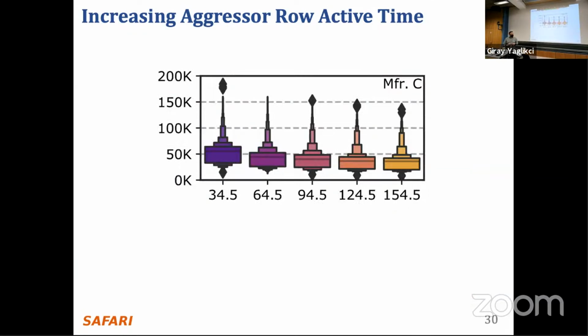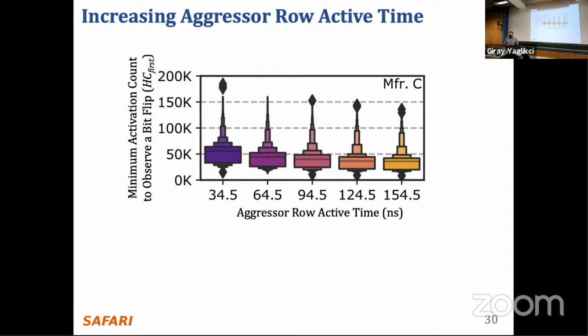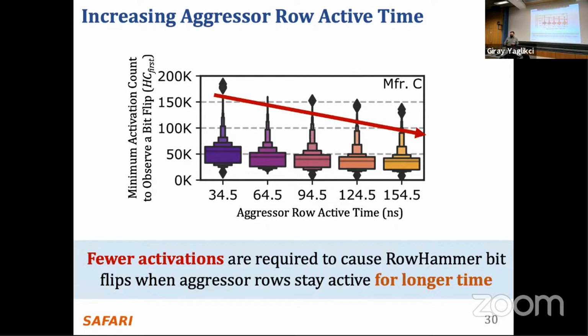And for completeness, we also look at the minimum hammer count that we need to reach to induce bit flips. On the y-axis, we see HC first, and on the x-axis, we see the aggressor row active time. As you see, as the aggressor row active time increases, fewer activations are required to cause RowHammer bit flips.